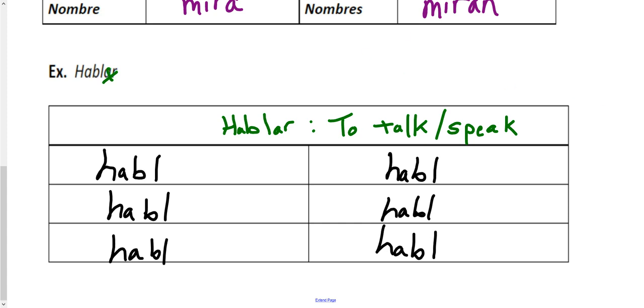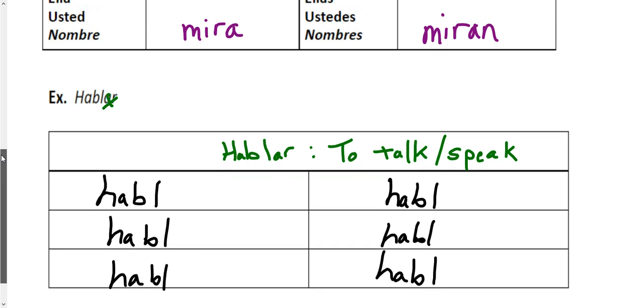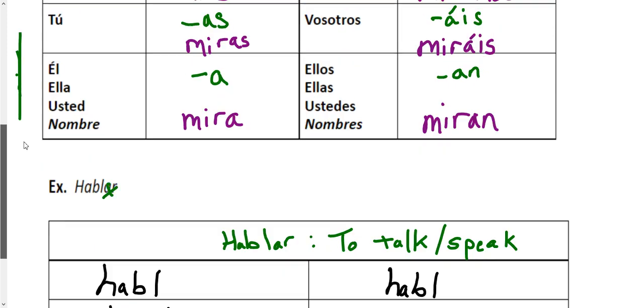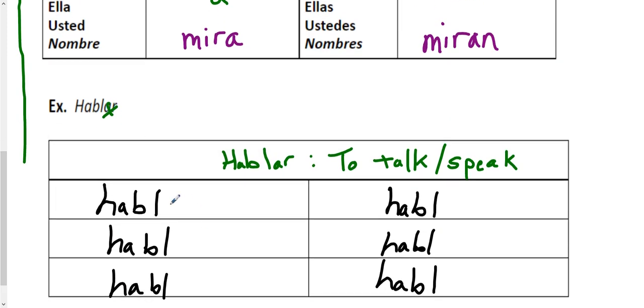And if you're not sure, just look back at your chart. For yo, we use O. Yo always ends in O. Hablo. Tú hablas. Usted habla. Pause the video. See if you can do the other three real quick on your own.